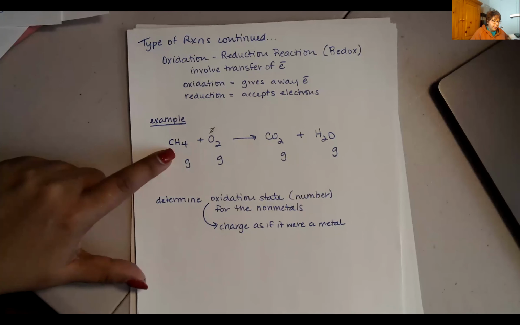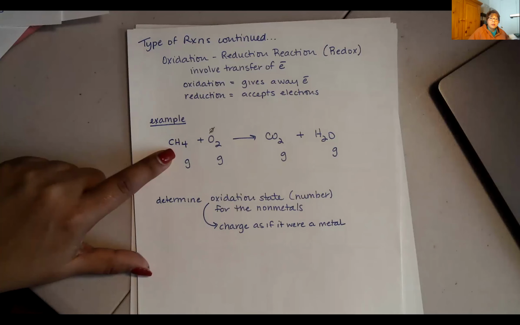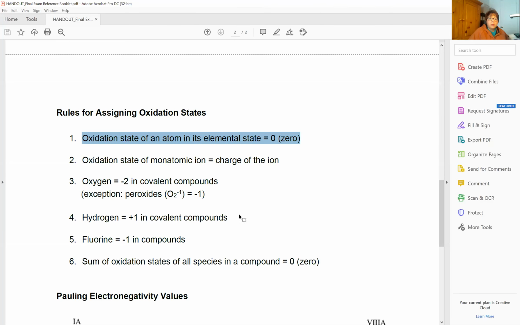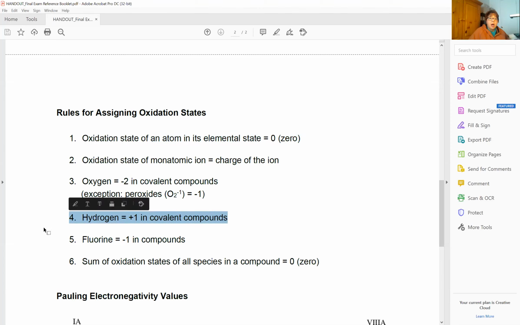When I look over at hydrogen, according to the handout, go back here, rule number 4, hydrogen in its covalent compounds is +1.